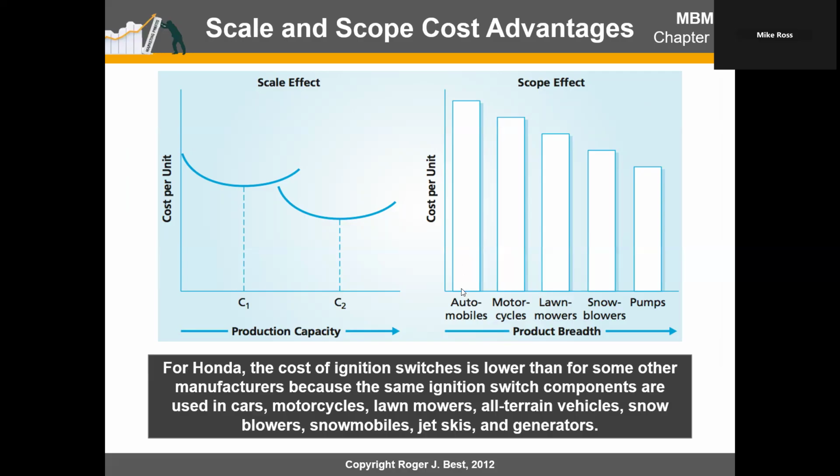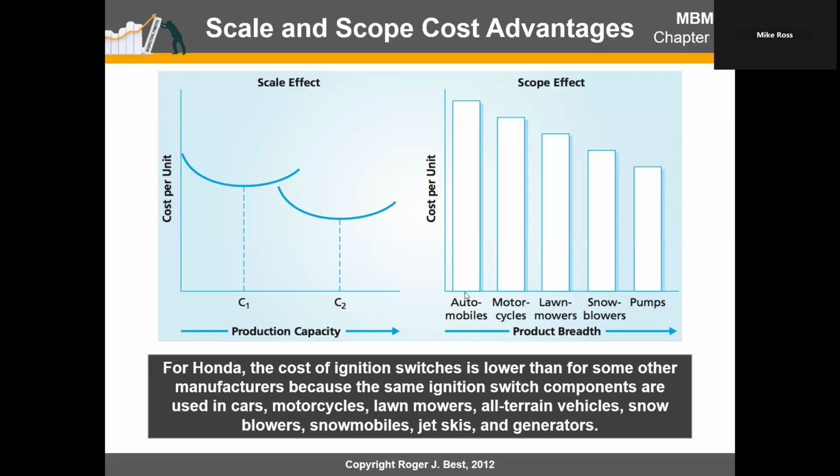The more offerings they provide specific to cars versus motorcycles, lawnmowers, and so on, the broader the product line, the more you are producing and selling, so you're reaching a lower cost curve, which is a pretty cool synergistic effect.